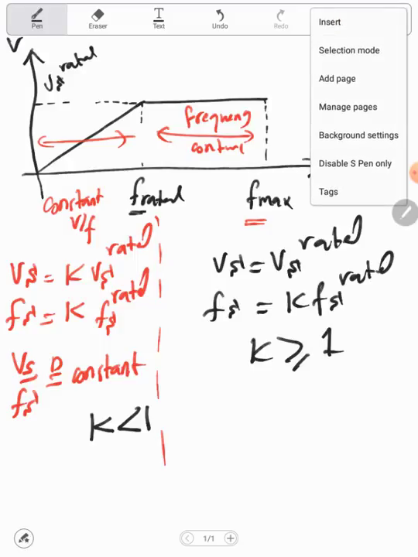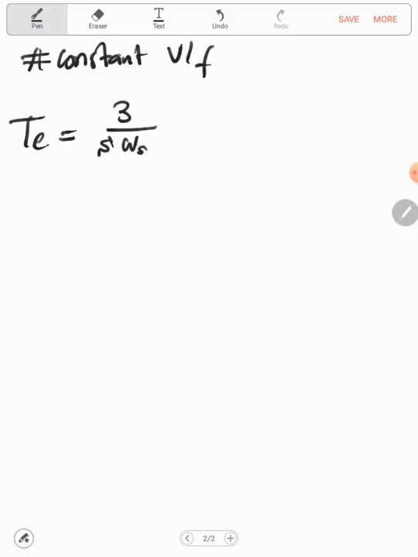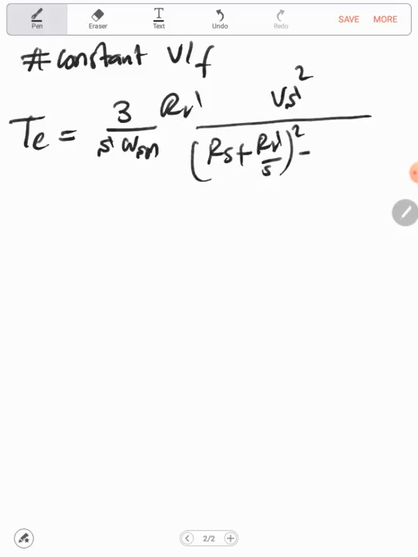Now the torque speed characteristic for the constant V over F. Recall that Te will equal 3 over S omega S mechanical, Rr dash Vs squared over Rs plus Rr dash over S all squared plus X Ls plus X Lr dash squared.